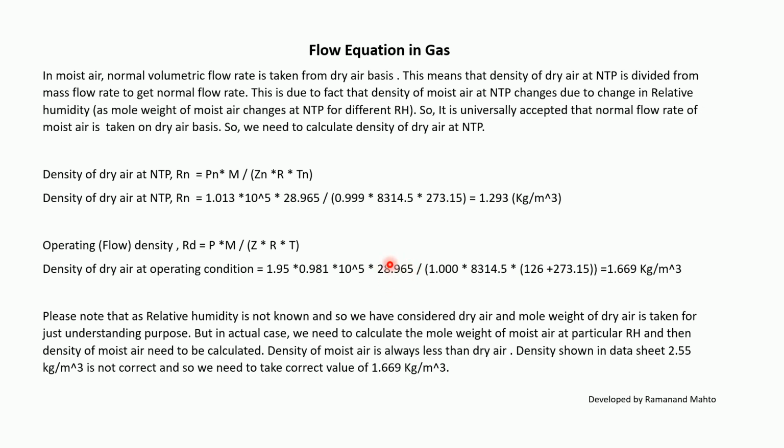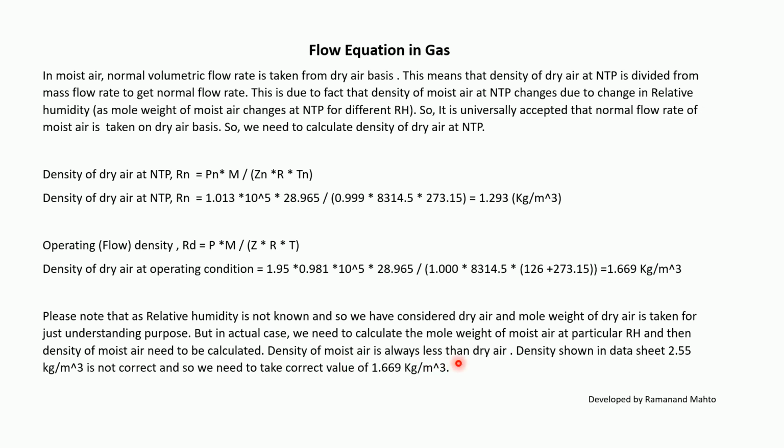Please note that we have considered dry air because RH is not given. Relative humidity is not known and it is not mentioned in the data sheet. So we have considered only dry air, and mole weight of dry air is taken as 28.965, just for understanding purpose. But in an actual case, we need to calculate the mole weight of the moist air at a particular RH, and then the density of moist air needs to be calculated.